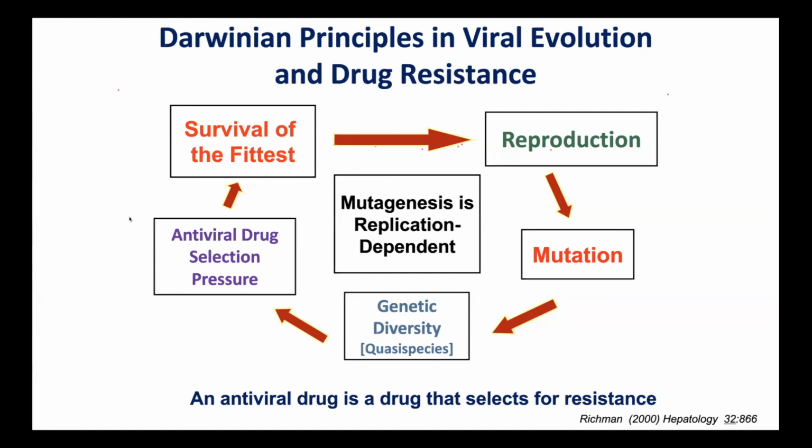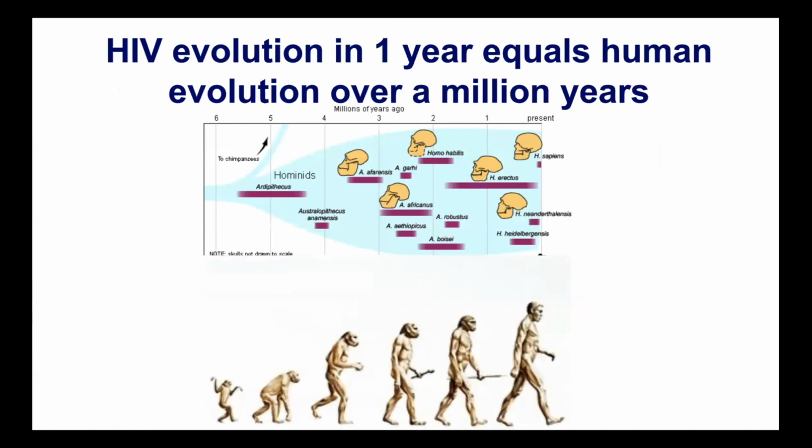And this principle applies to monoclonal antibodies or immune responses, as we've seen with COVID over and over again. And as a result, HIV evolution in 1 year in one person equals all of human evolution over 1 million years because of the higher magnitudes of reproduction and the higher error rate.